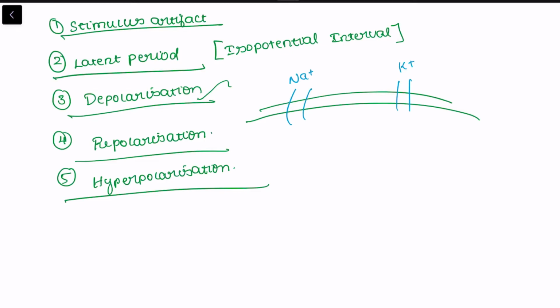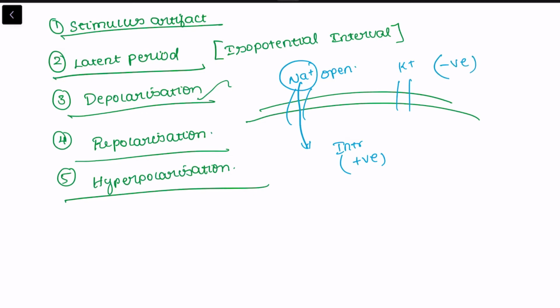What happens during depolarization is all these sodium channels will open. We know sodium is present extracellularly. So when the sodium channels open, all the sodium will enter the cell. So what happens inside the cell? The intracellular region will become positive and the extracellular region will become negative.